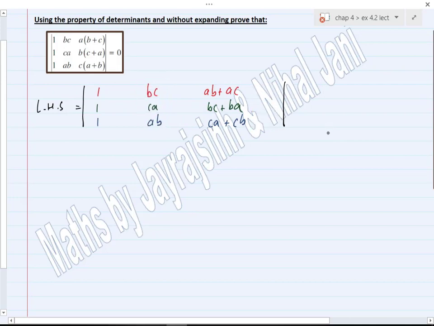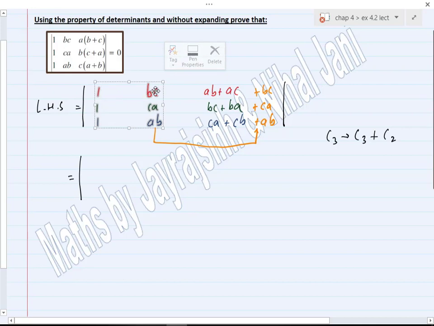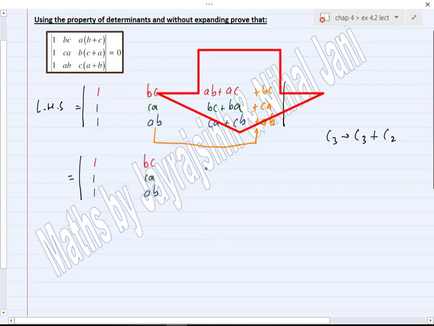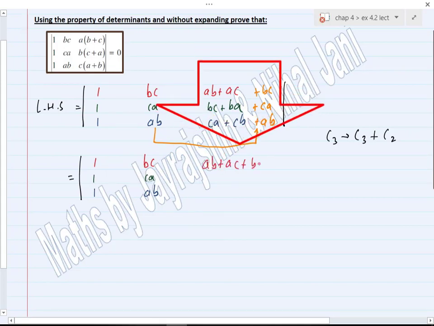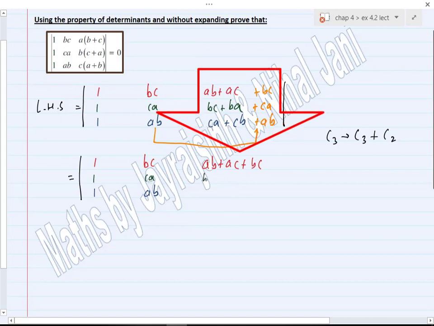So the preferable operation is C3 gives C3 plus C2. So let's add our second column into the third column, plus BC plus CA and plus AB. So in this operation, our first and second column will be as it is, and third column will be AB plus AC plus BC, same element.